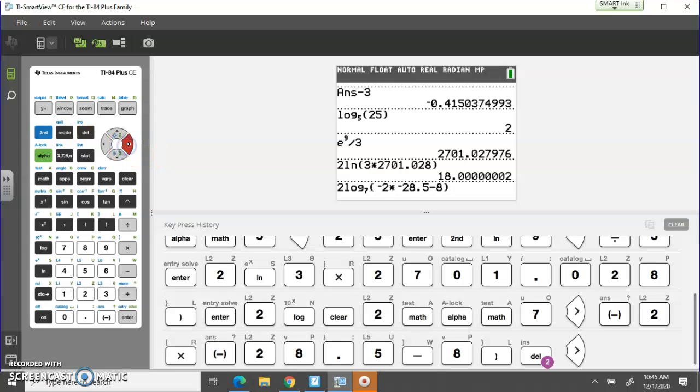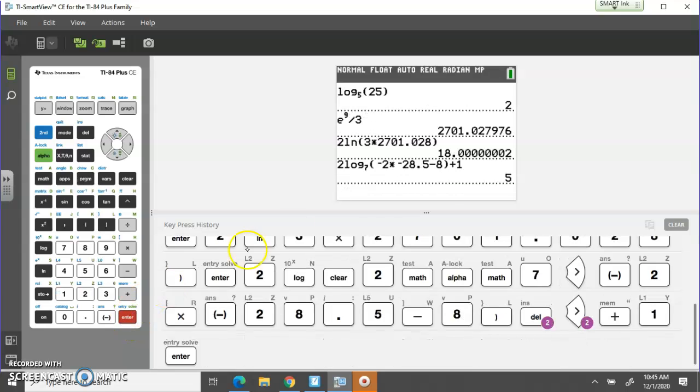Forgot it had that one in there, and then we're going to do plus 1, and we get 5. So it checks out.